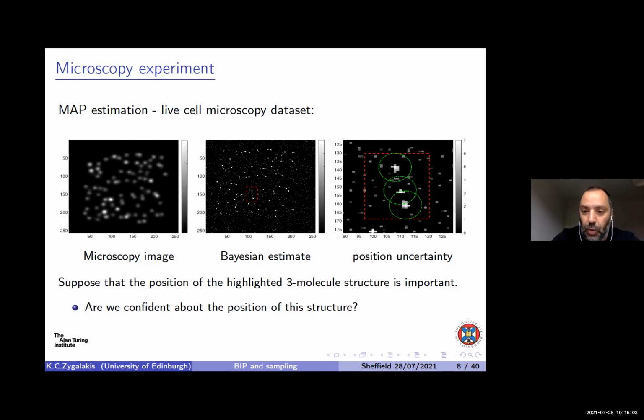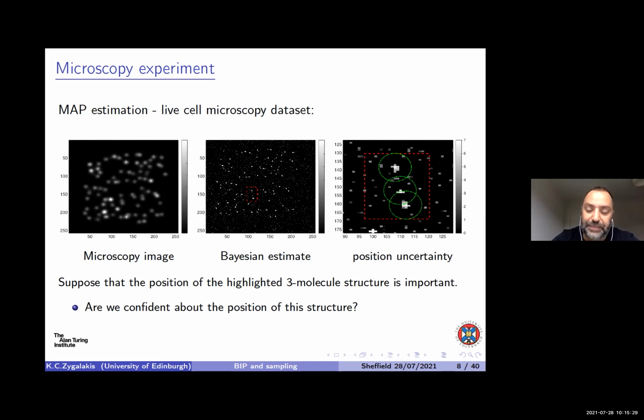but on top of that, you would like to model not just where they are, but also how certain you are about where the molecules are. So in particular, if you thought that the position of those three highlighted molecule structures was important, you would like to know how certain you are that these three molecules are indeed there. Okay, and this is not something that you can do with a MAP estimator.